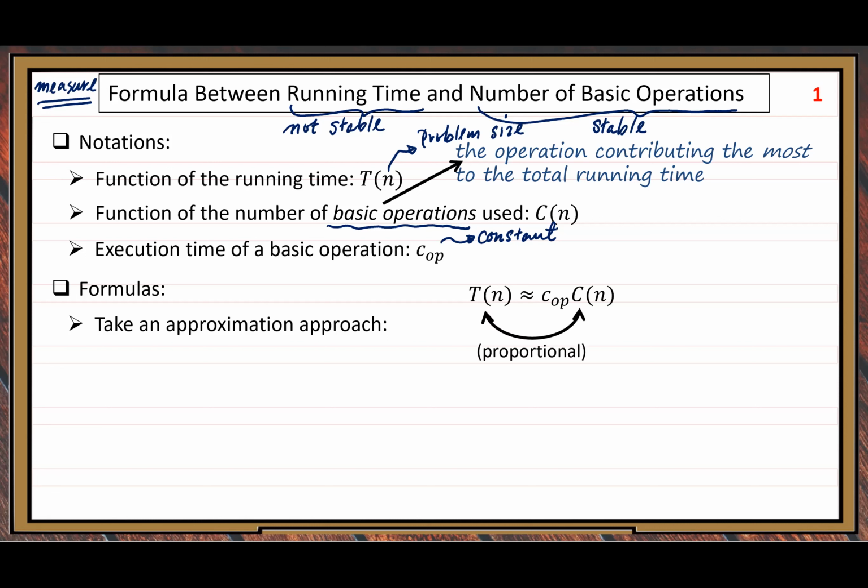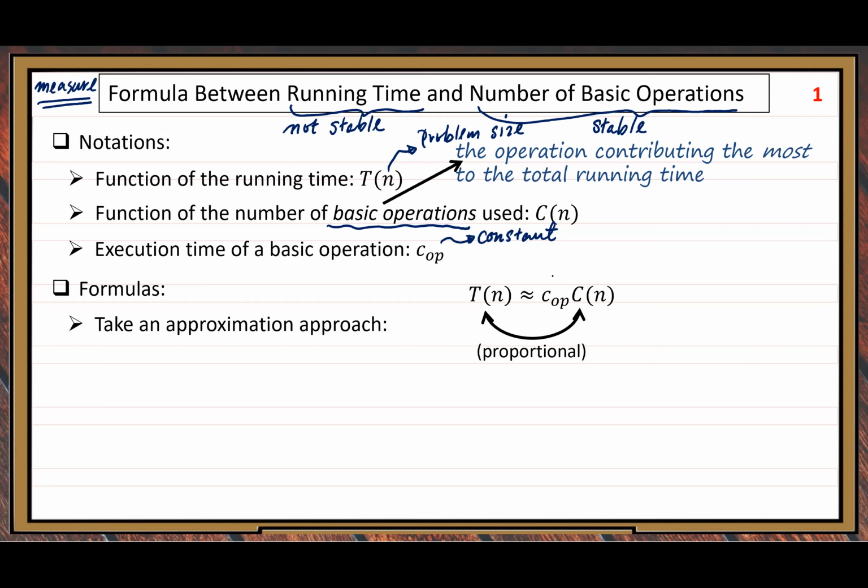First, we observed this simple property: these two functions are proportional, because their ratio is just a constant, little c op. That means these two functions are closely related. The connection between them is just one positive constant.